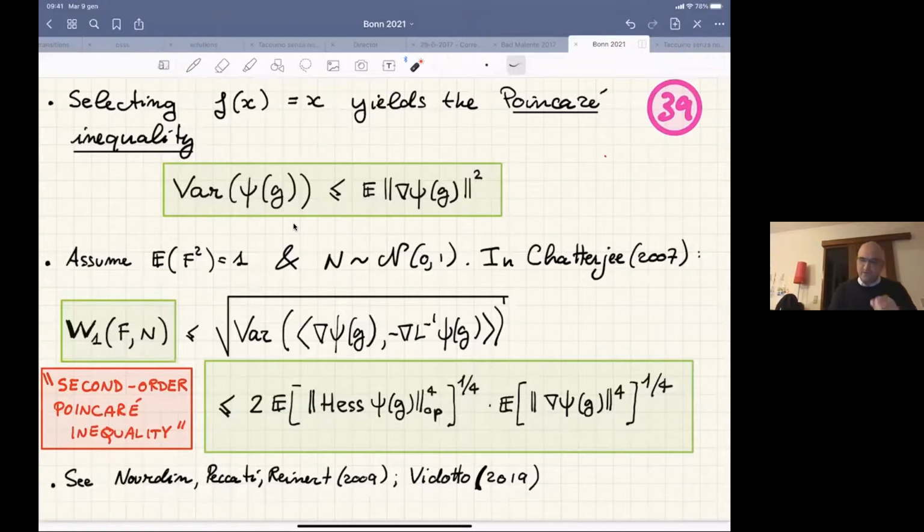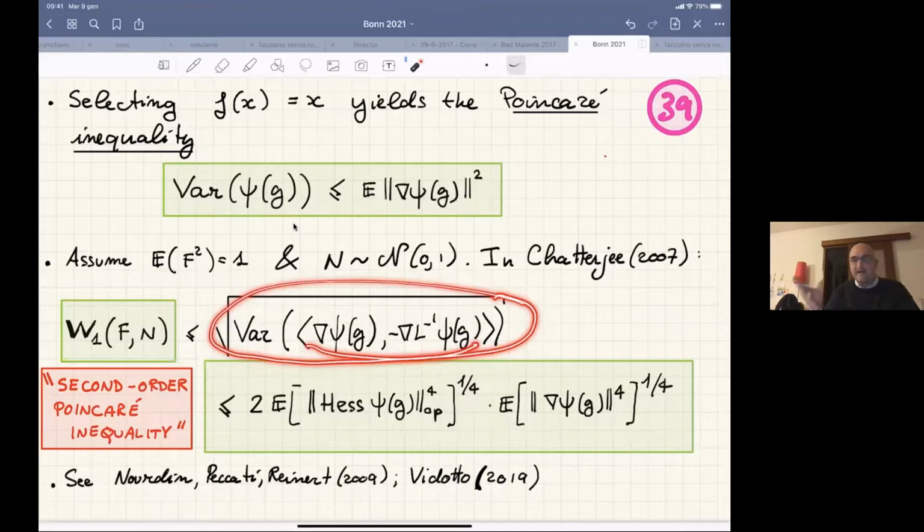Okay, so more precisely, in a paper of 2007, Chatterjee proved that in the previous framework, if the variance of f is equal to 1, and if N is our target random variable with mean 0 and variance 1, then the one Wasserstein distance between the distribution of f and the distribution of N can be bounded as before by the square root of the variance of this guy.